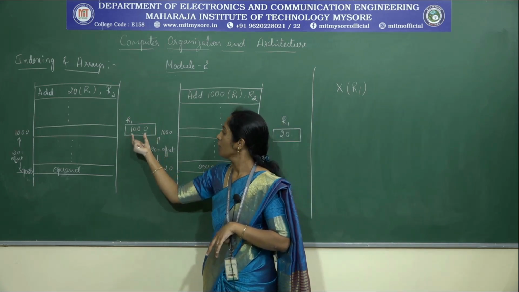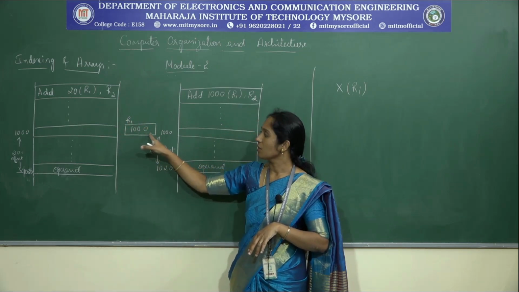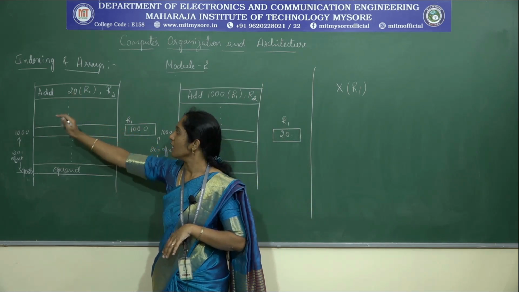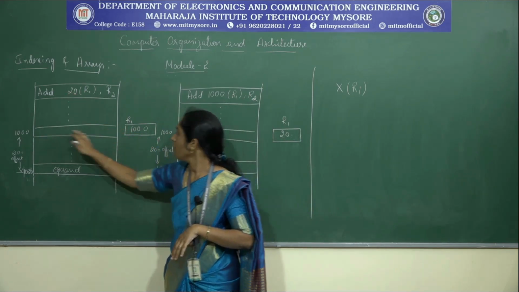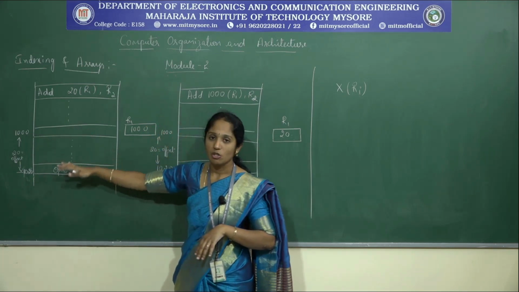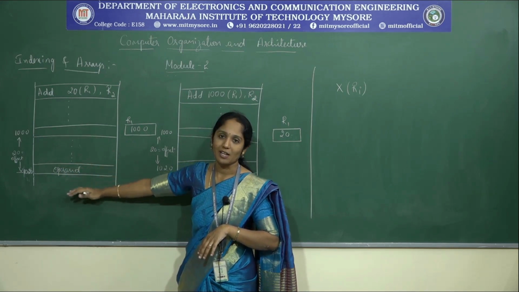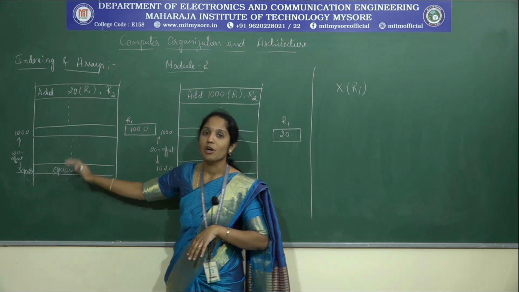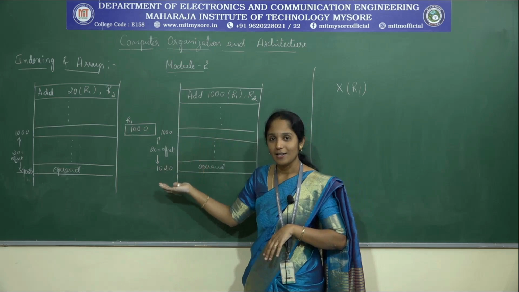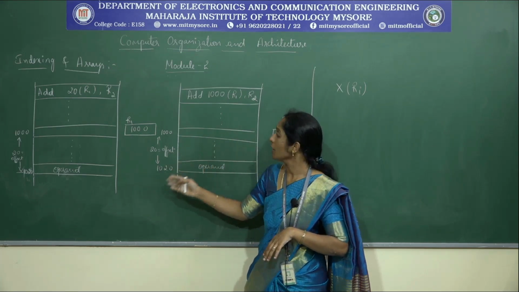I have written the register contents as 1000 and taken the constant or offset value as 20. So we have 1000 as the memory location, and the offset should be added in order to obtain the effective address of the operand. The effective address is obtained by adding the offset to the contents of the register.